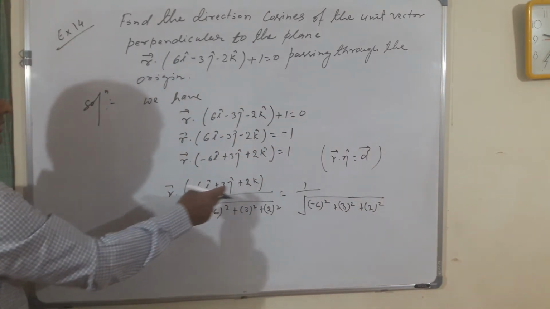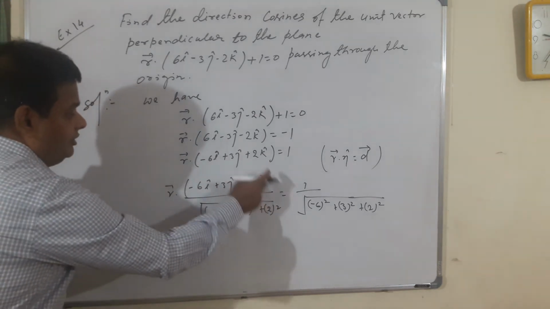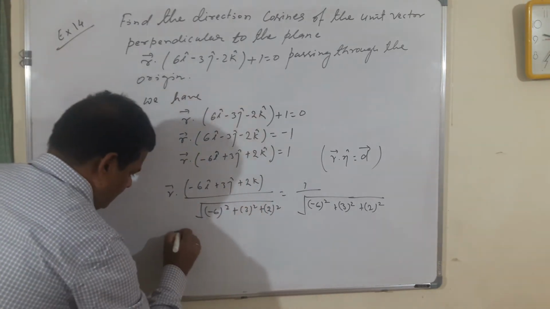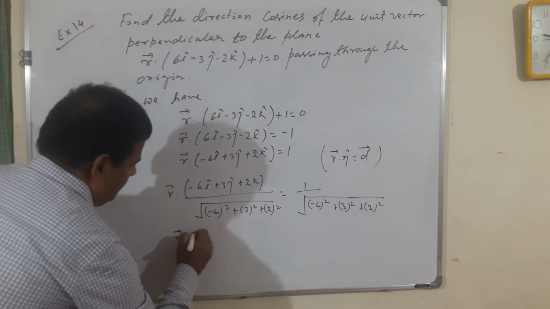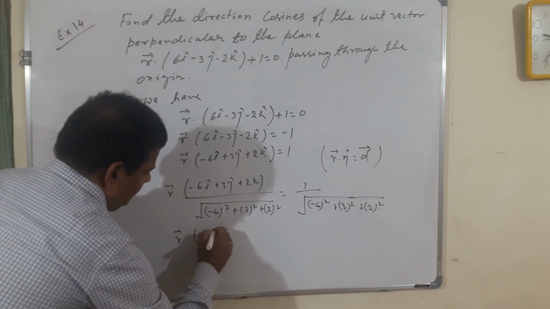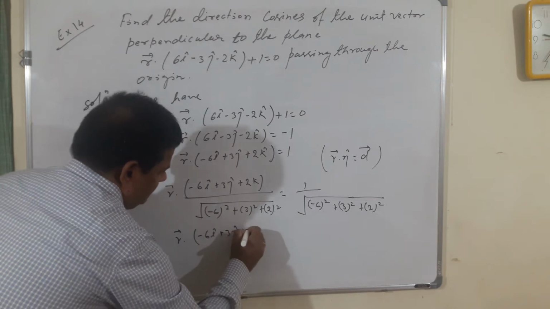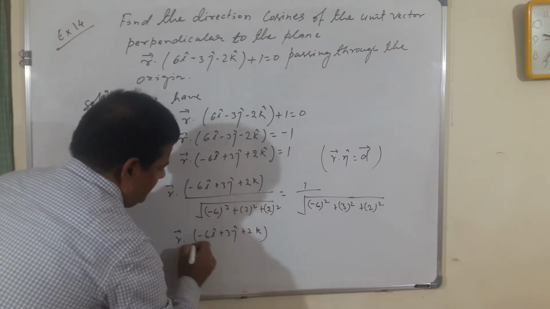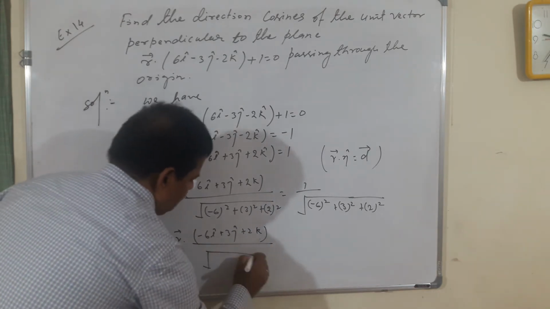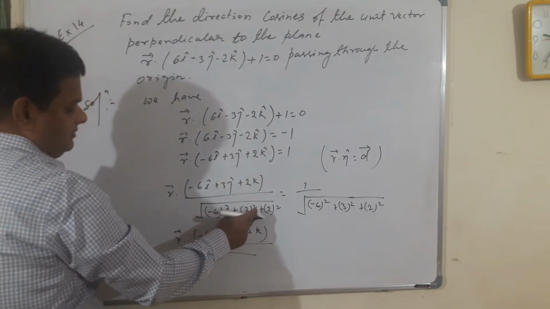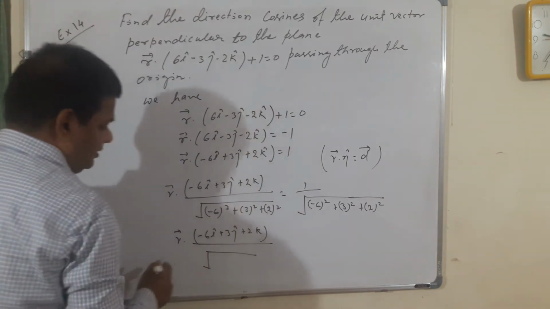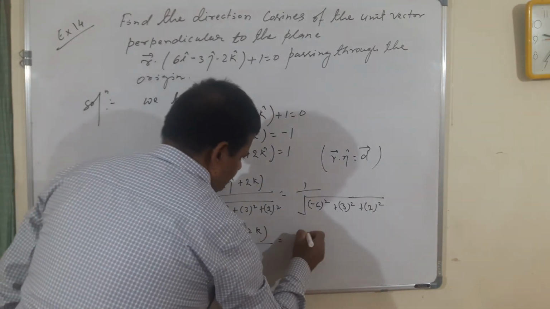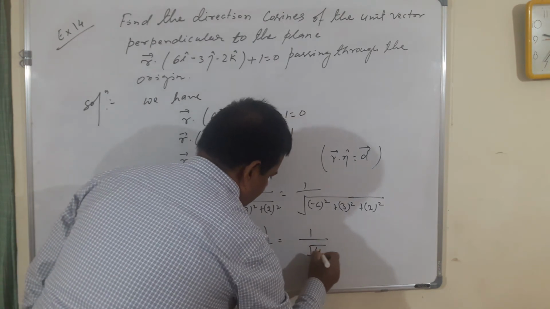This one becomes unit vector n. So vector r dot minus 6i plus 3j plus 2k divided by 36 plus 9, 45, plus 4, 49, so 1 over square root 49.